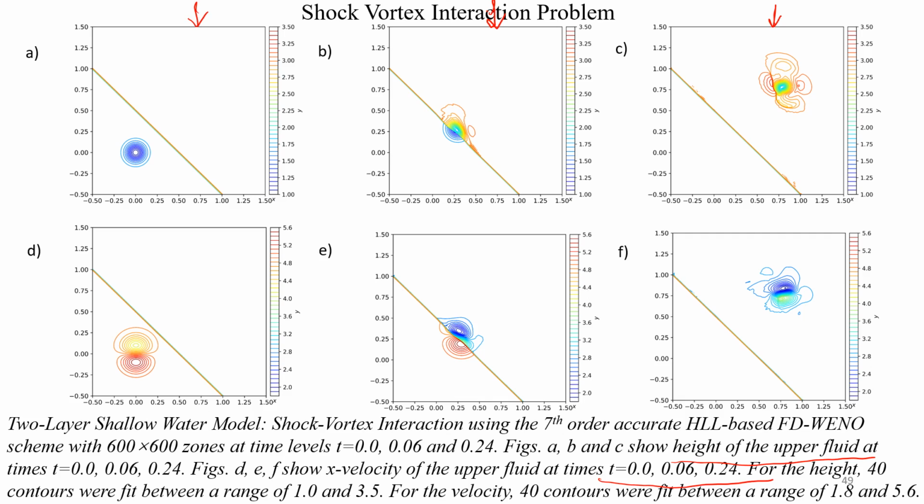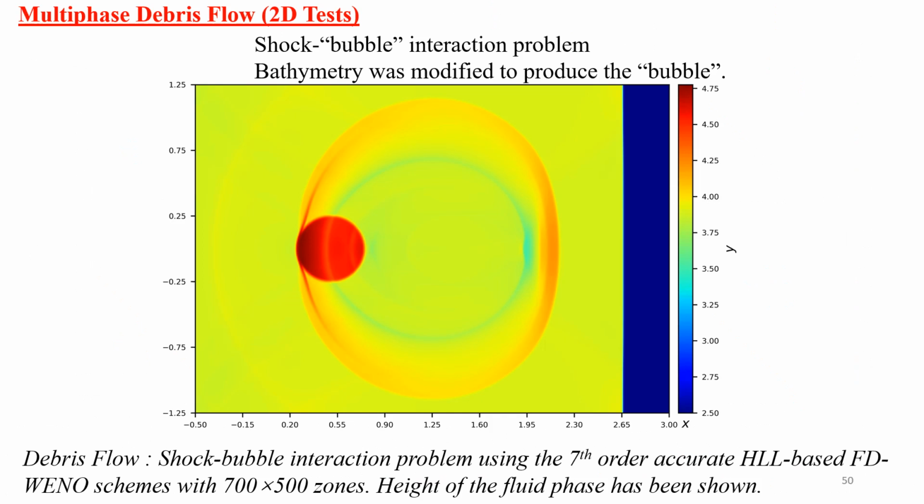The upper panels show you the height of the upper fluid, and the lower panels show you the x velocity of the fluid at those three times. And this is showing you that things are working well even in that situation.